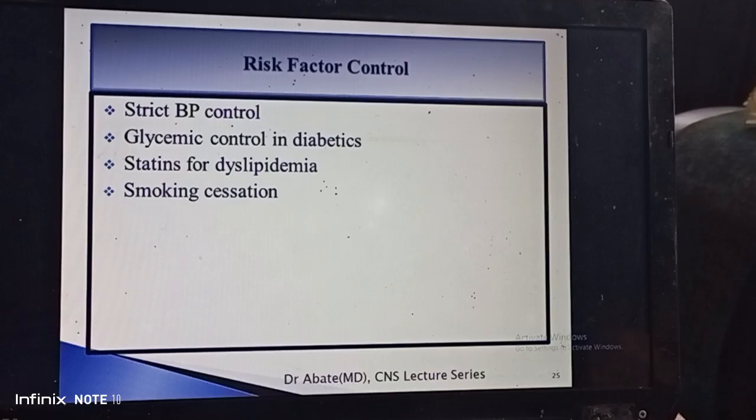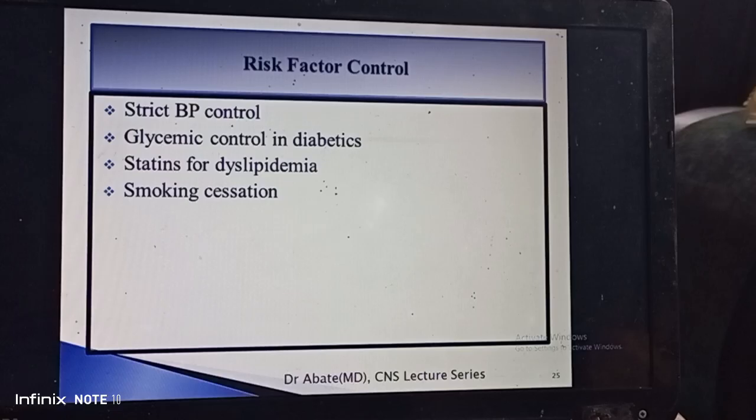You have to start statins like atorvastatin, simvastatin, regardless of whether the patient has dyslipidemia or not.